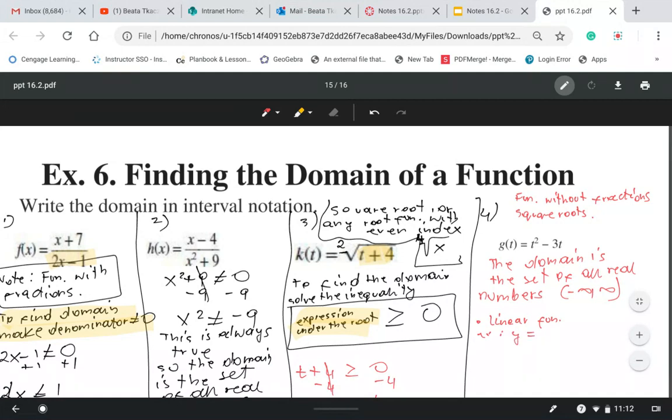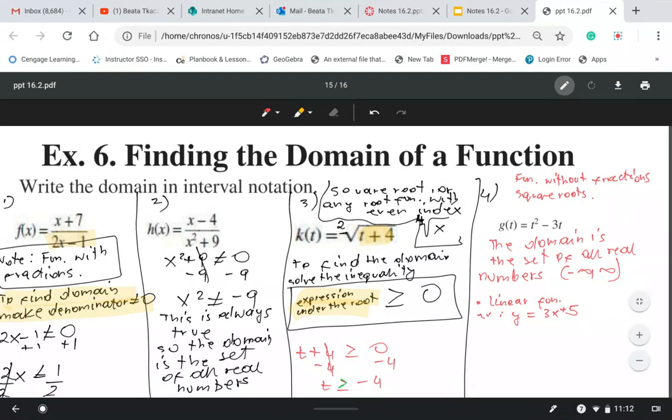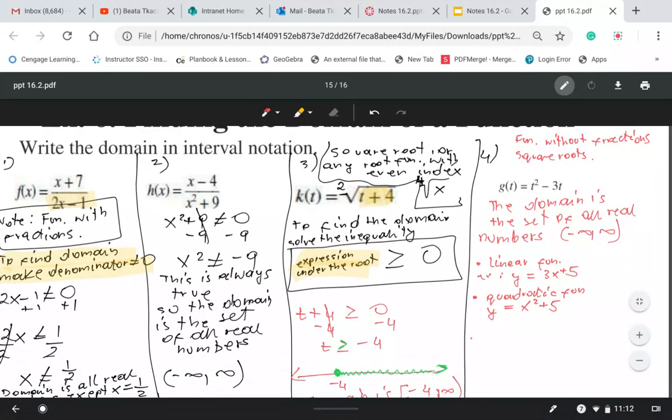for example y equals 3x plus 5. The domain is the set of all real numbers. Quadratic functions, like let's say y equals x squared plus 5. The domain is always the set of all real numbers. Or cube root functions, like y equals the cube root of x.